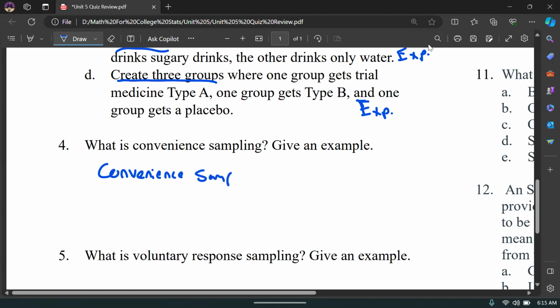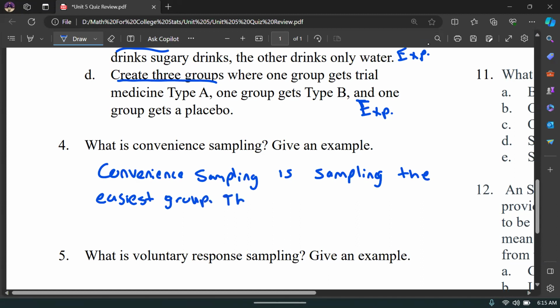Convenience sampling is kind of in the name. It's sampling an easy group of people, kind of the first people you can find. It could also be just asking friends, something convenient.